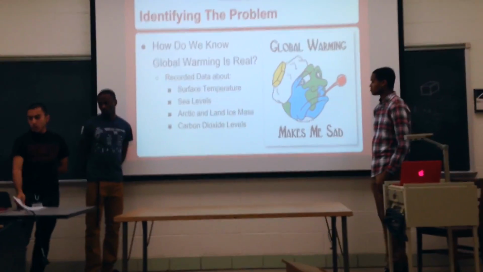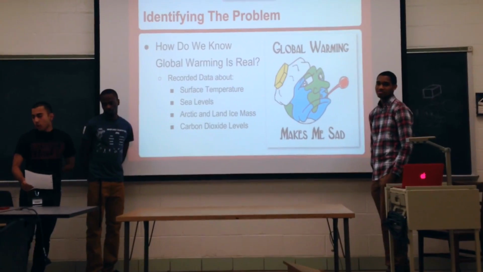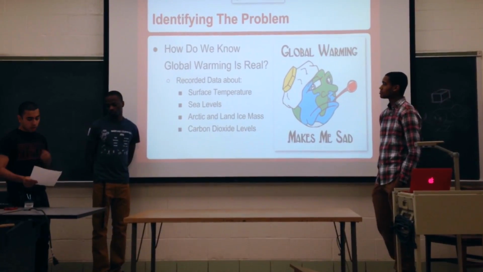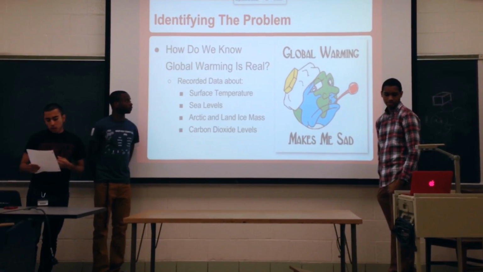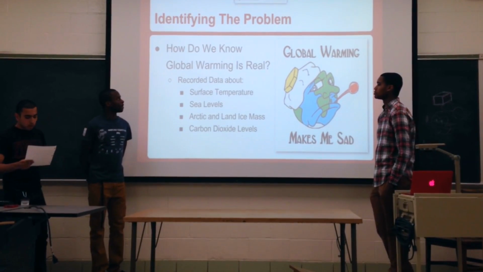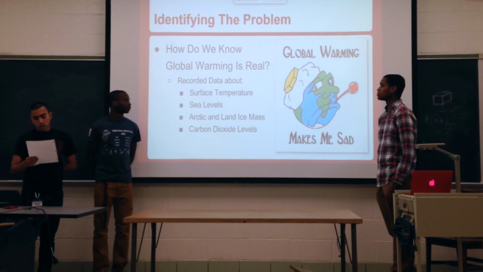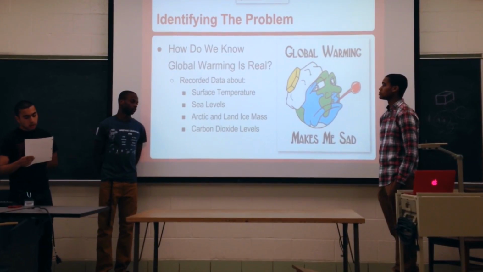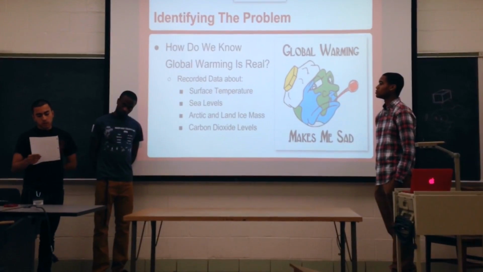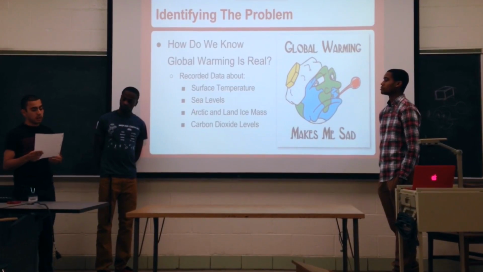And how do we know that global warming is real? I'm about to provide some statistics, specifically from NASA. In 1981, there was a 0.28 Celsius increase over 1980, and in 2010 there was a 0.66 degrees Celsius increase since 1980.